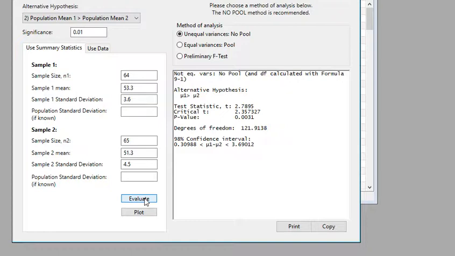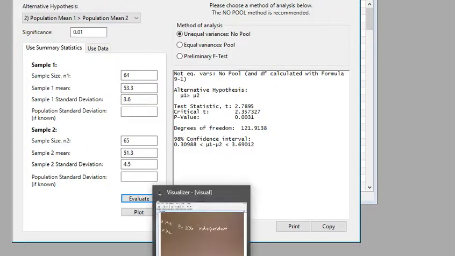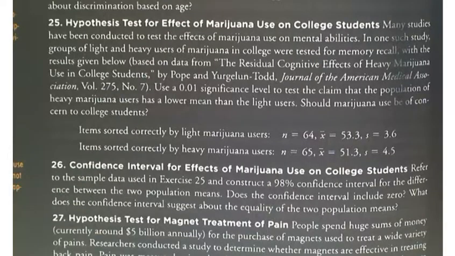So remember, we're trying to test whether or not heavy users have a mean that's less than light users. So let's take a quick look at the data again. So heavy users, that's what I put in. Let's see, these are light users. So that's our population 1 in StatDisk.